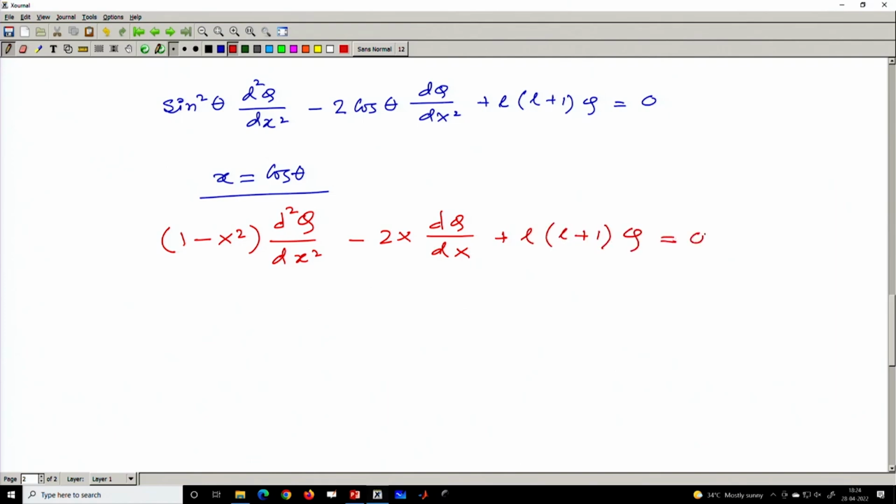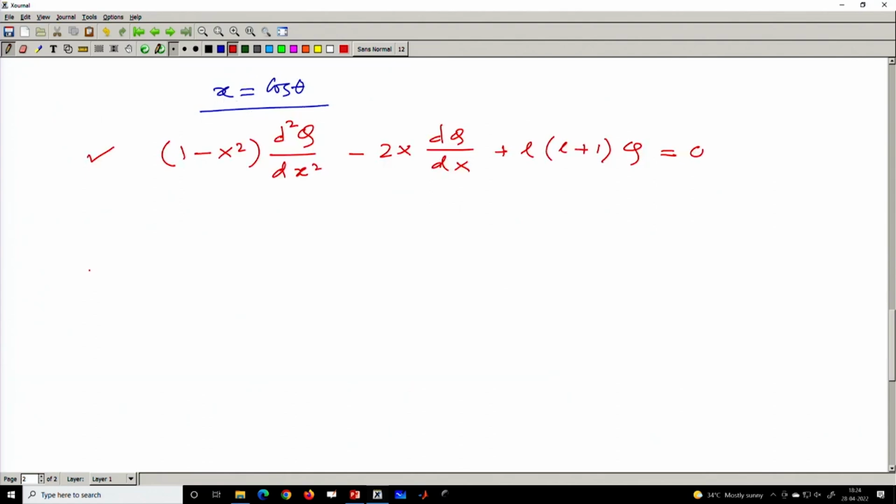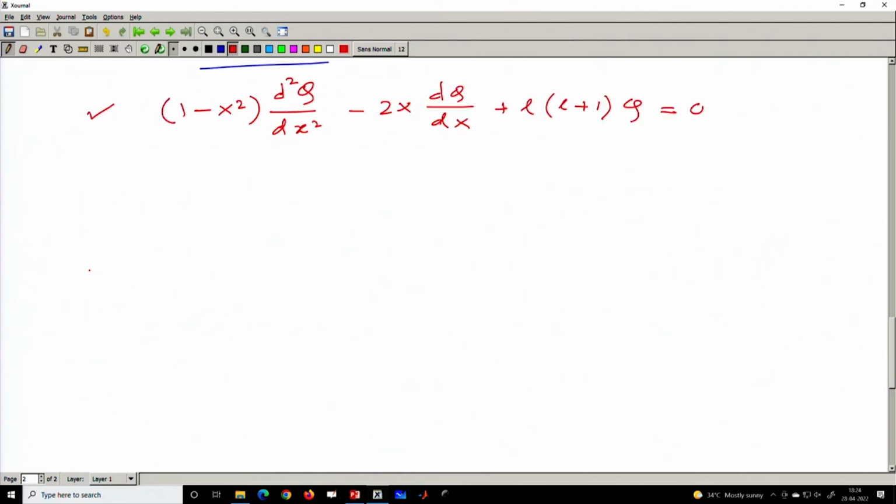Now, this equation is not new. We already discussed this equation, because this is the differential equation whose solutions are given as Legendre polynomials, and we discussed these things when we were discussing the multipole expansion.